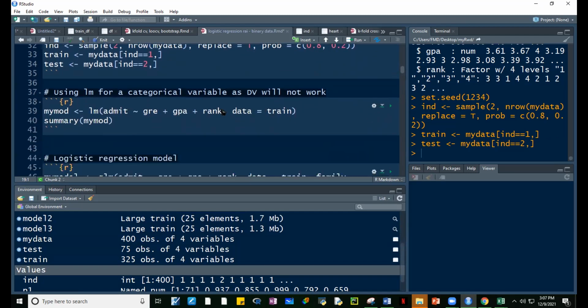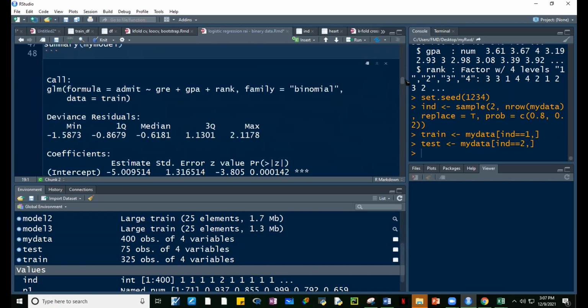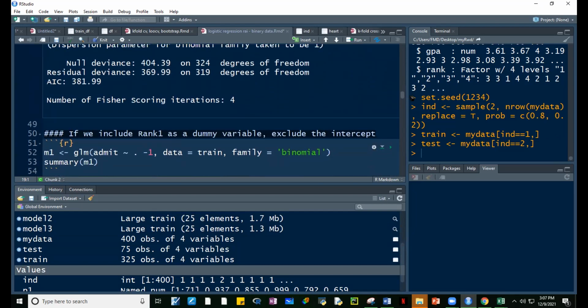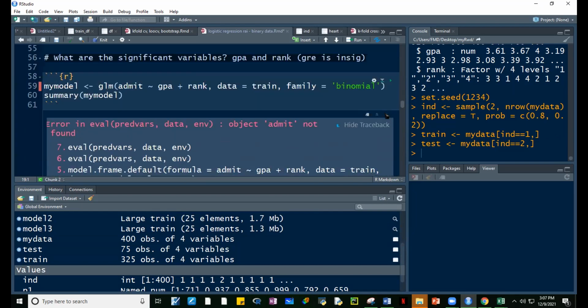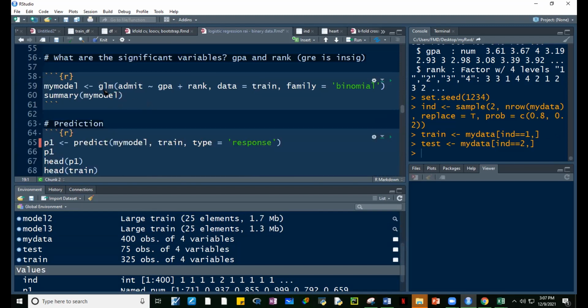Okay, having run that already, I'll now go to the final model. We can close this one. GLM, Generalized Linear Model. We're regressing admit on the two variables, since we already deleted GRE.